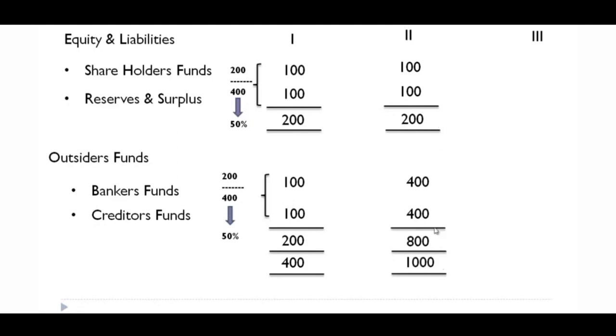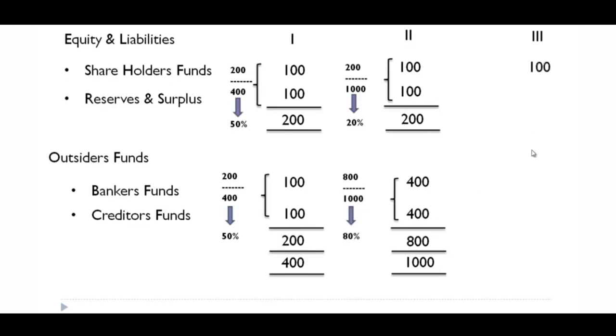Please note, the shareholder funds are 100 plus 100, 200. So 200 on 1000 would give 20%, whereas the outsider funds are 400 plus 400, which is 800 on 1000, which gives you 80%. We'll analyze this also after seeing scenario 3.